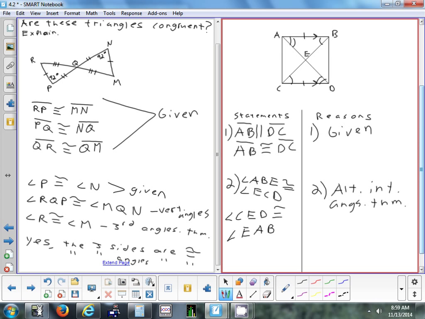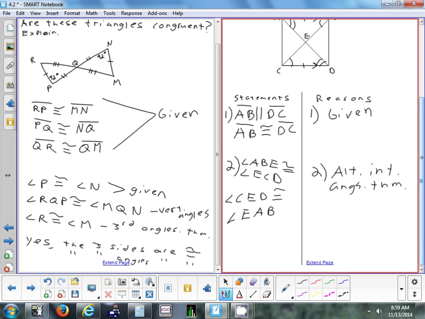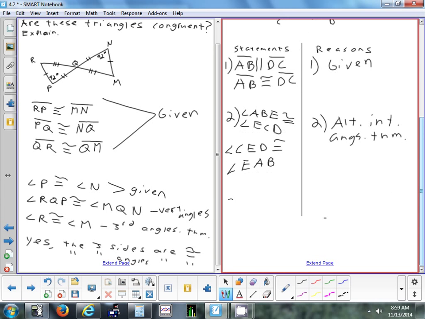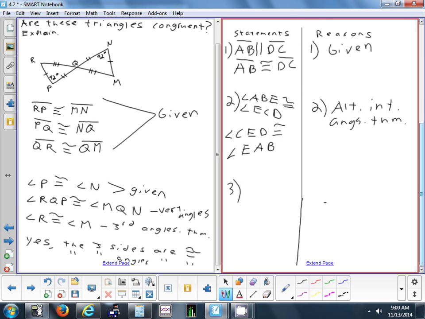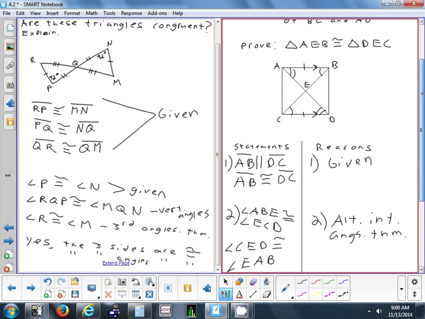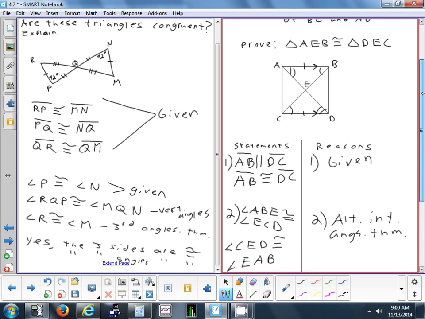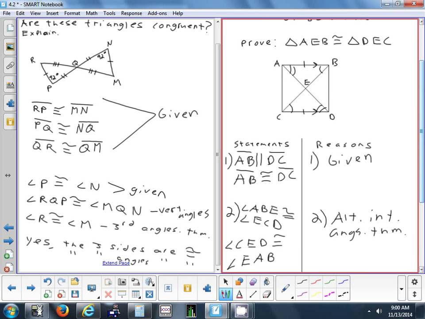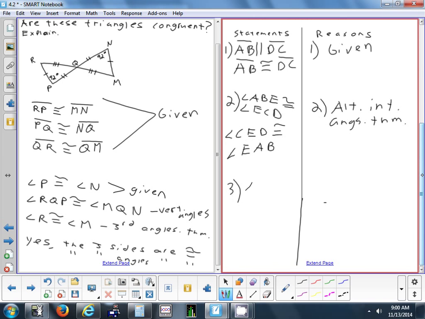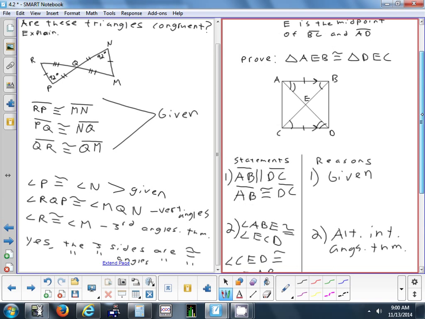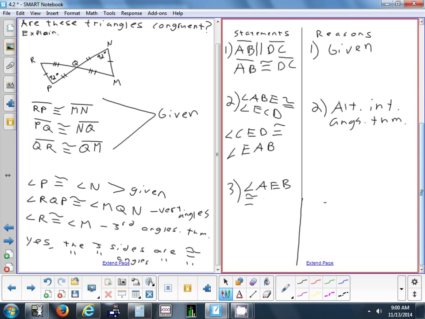All right, so now we've got those angles, and we already said the third angle. Luke, what did you say the third angles were? AEB is congruent to CED. Yep, AEB is congruent to CED.